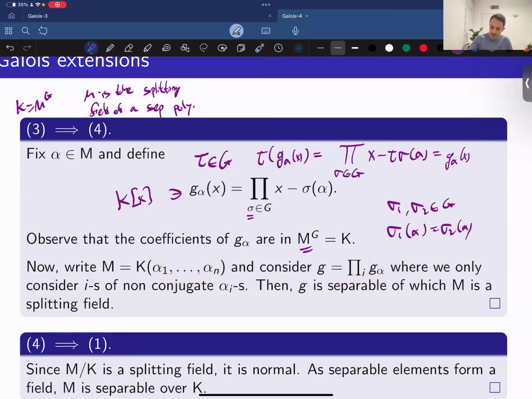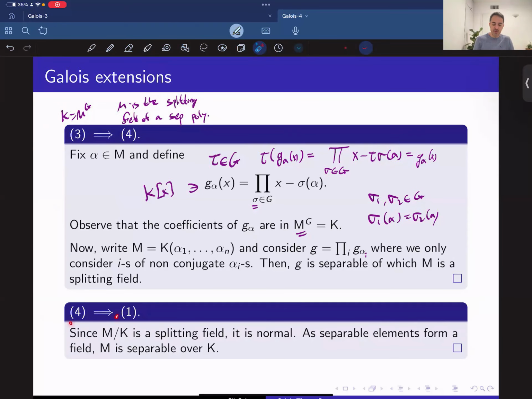Again, just to make sure that you are separable, if alpha 1 and alpha 2 are conjugate, you don't take both of them, you take just one of them. And that's, of course, always enough. So then, obviously, M over K is going to be the splitting field of g. And g is separable because we made sure it is separable in both steps.